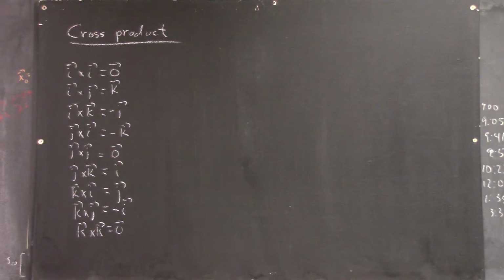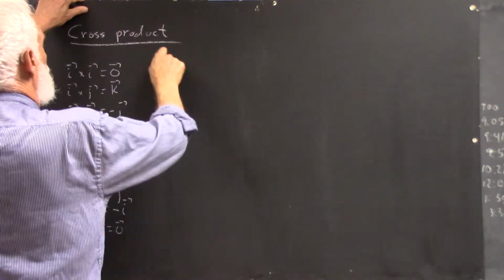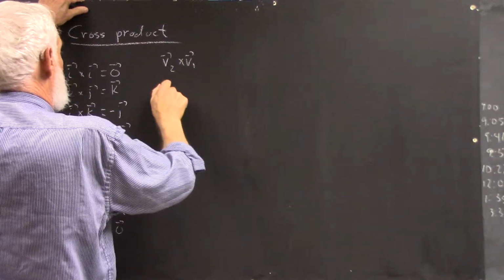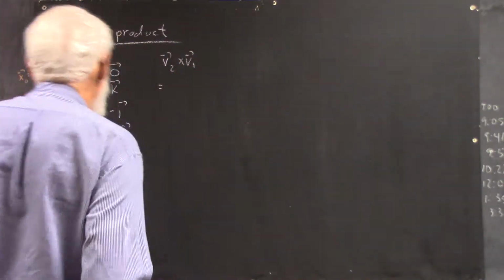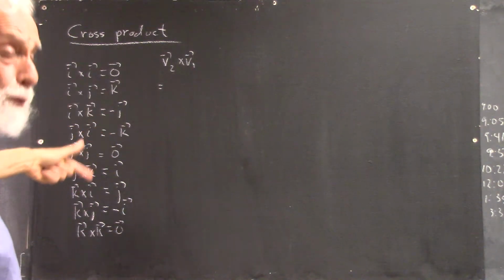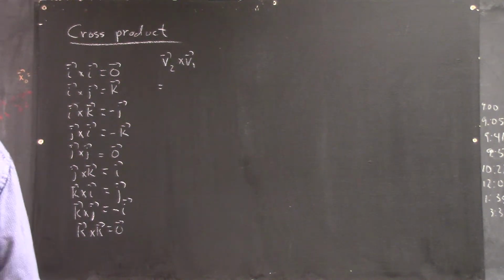So now, let's use these to do V2 cross V1. Now there's shorthand for using this table, but this is the basis, at least as far as the way I've chosen to introduce it. Okay, there are many ways you can do this.